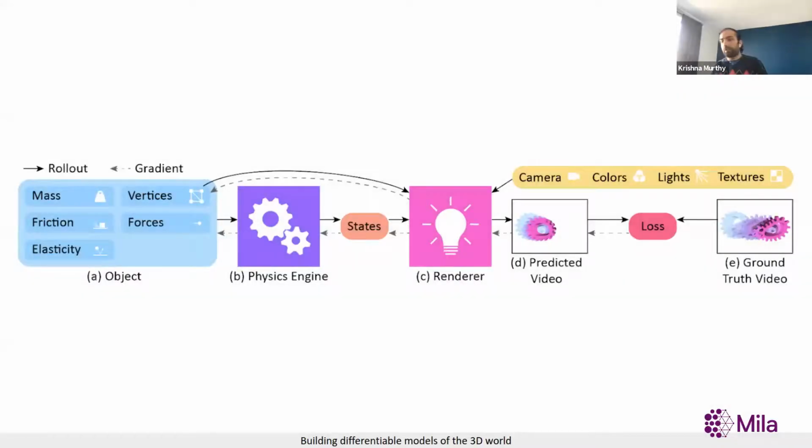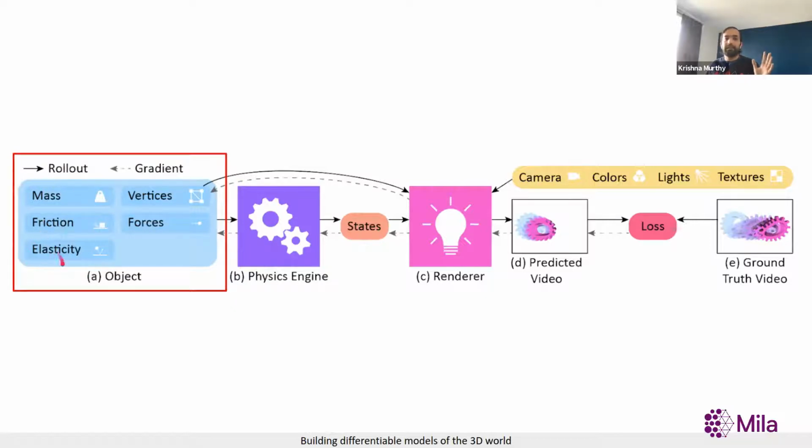Just to walk you through what the GradSim pipeline entails, we assume we're given a representation of an object. We do not assume any information about mass, friction, or elasticity. We just initialize them to uniform random noise. But what we do assume is we have a geometric representation of the object, which could be a 3D mesh. And we know all the external forces acting on the system.